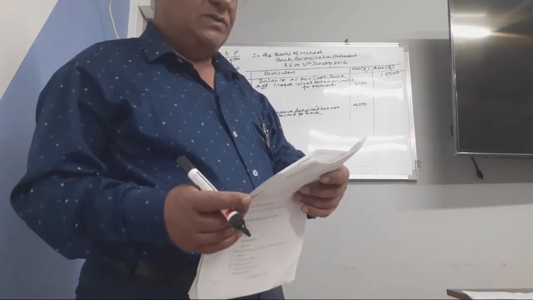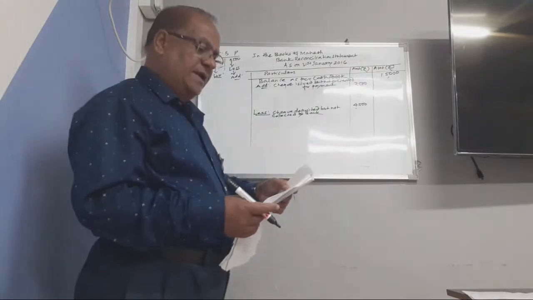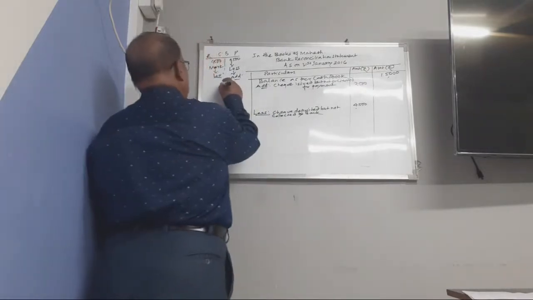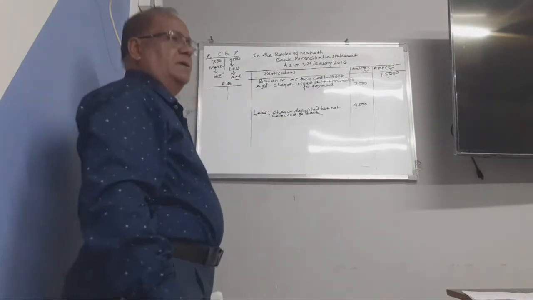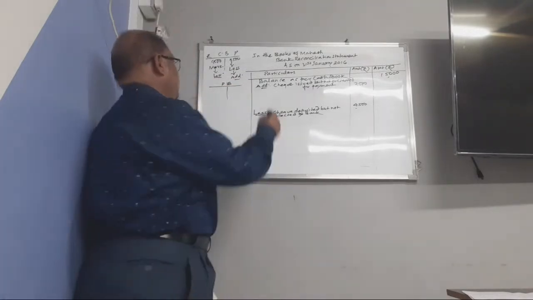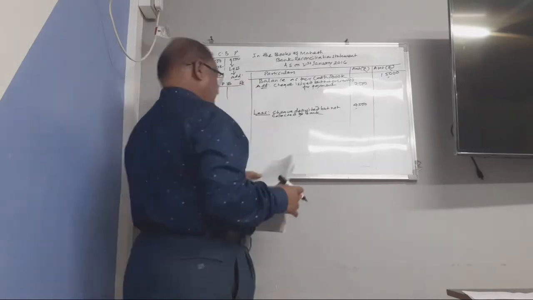Then the fourth thing given to us: bank credited the amount 2,700 for direct deposit by a customer, the information of which was received in the month of February. This entry will happen in the passbook, so it is the reverse form. This is the payment side of the passbook and this is the receipt side of the passbook.